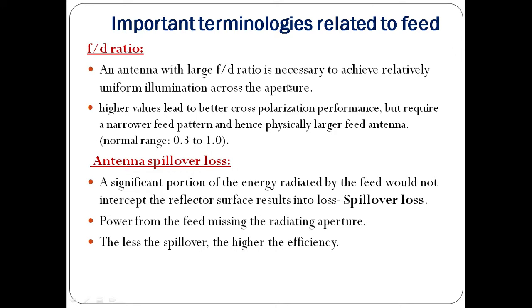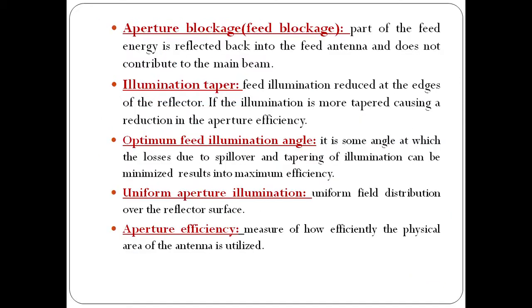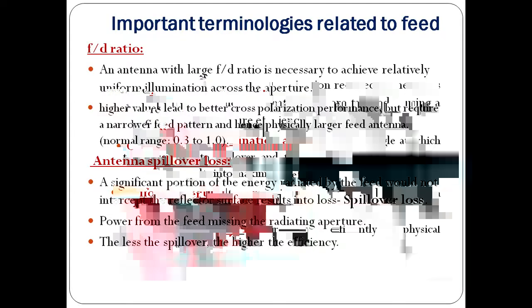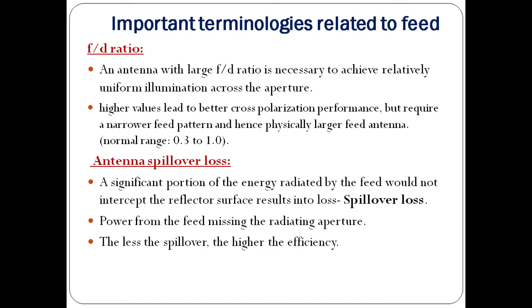Usually we talk about F/D ratio, antenna spillover loss, aperture blockage, illumination taper, optimum feed illumination angle, uniform aperture illumination, aperture efficiency. There are a number of terms still there. These are the important terminologies which are normally used when you read any textbook. For the topic reflector antennas, these terms repeat.